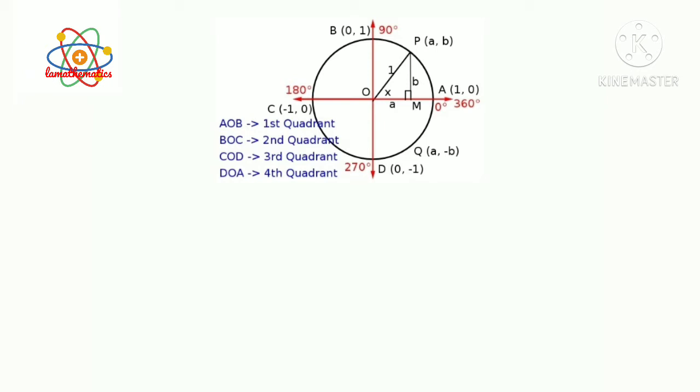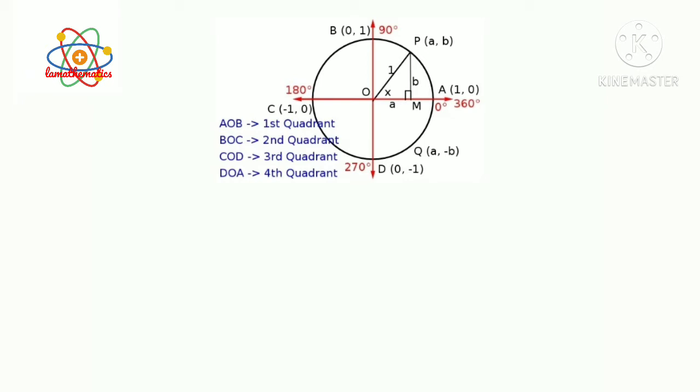Hence, we can observe that if the angle x increases by an integral multiple of 2 pi, the values of sine and cos do not change. That is, cos 0 is same as cos 360 degrees and cos 30 degrees is same as cos of 360 plus 30 equal to 390, and so on.